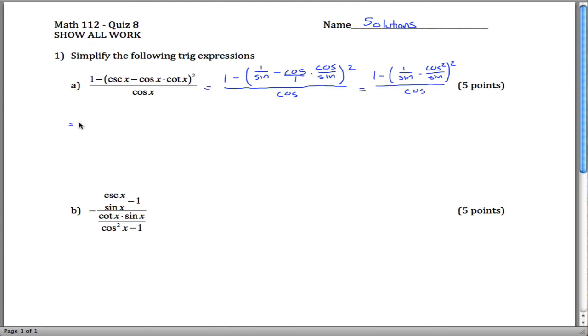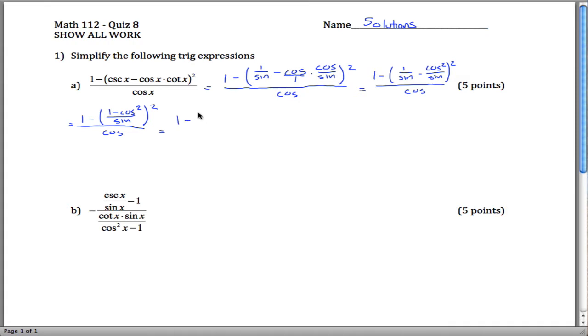And the reason you want to do that is because now with the common denominator, we got 1 minus cosine squared over sine. And make sure you get that whole thing squared divided by cosine.